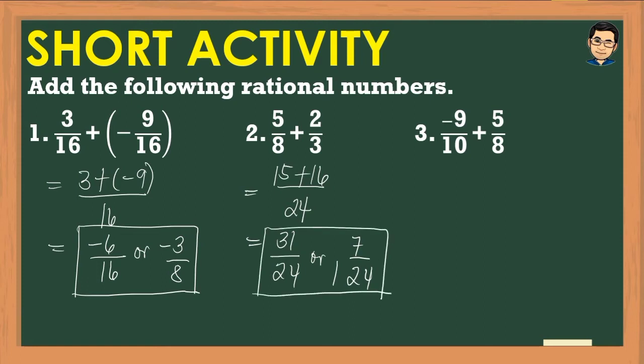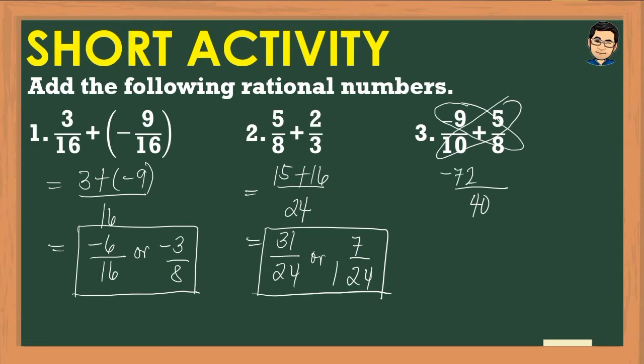Next, negative 9 over 10 plus 5 over 8. The LCD of 10 and 8 is 40. We can apply the butterfly method here, multiplying diagonally. The LCD is 40. The product of negative 9 and 8 is negative 72.